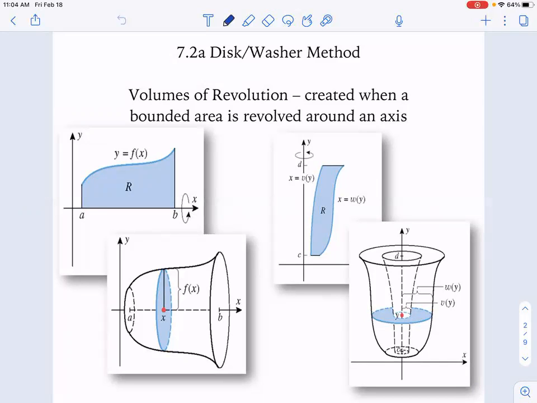Well, we're going to do the math of what the volume of this is. Okay. Now, there are two different ways that we can find the volume. We're going to learn the disc washer method today, and then the shell method in a week and a half. Disc washer.